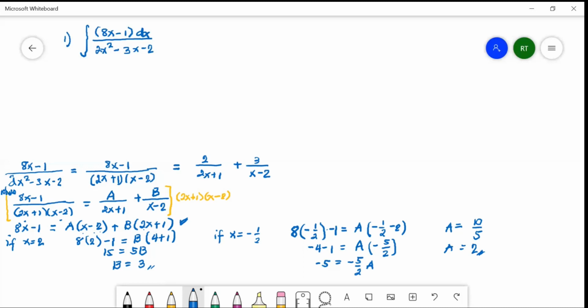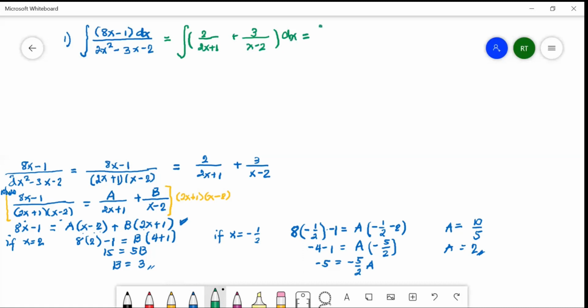And if we go back to our problem, if we evaluate the integral of 8x minus 1 over 2x squared minus 3x minus 2, then we can write this as the integral of, after decomposing the rational function, 2 over 2x plus 1, okay, plus 3 over x minus 2 times the differential of x.